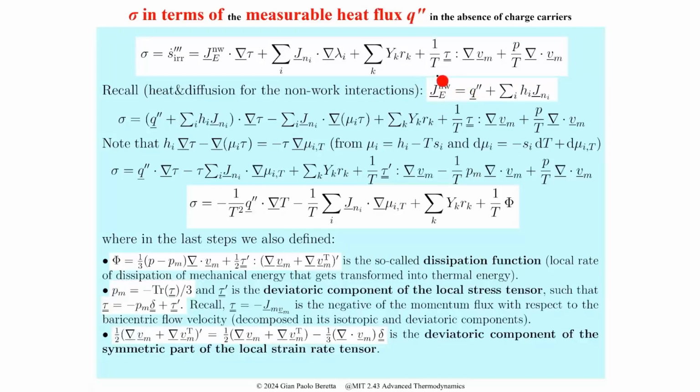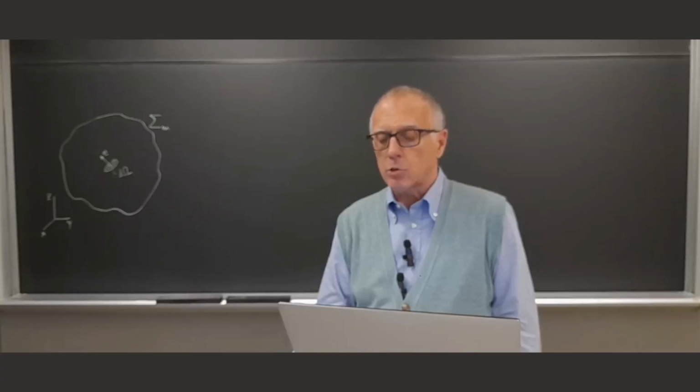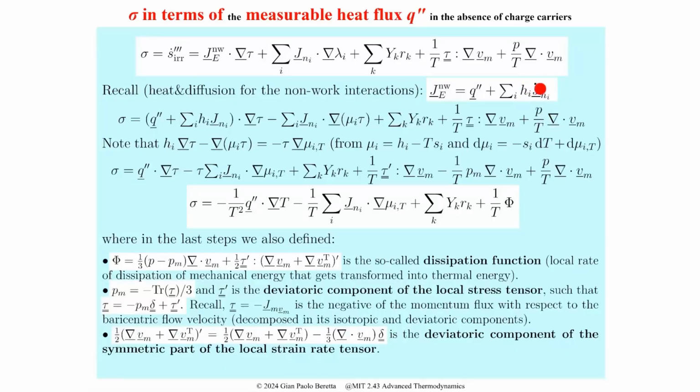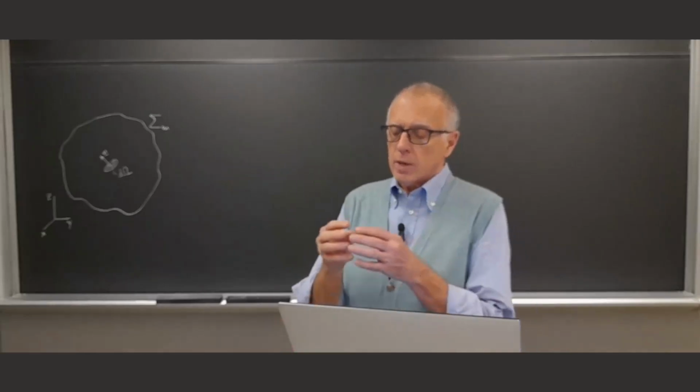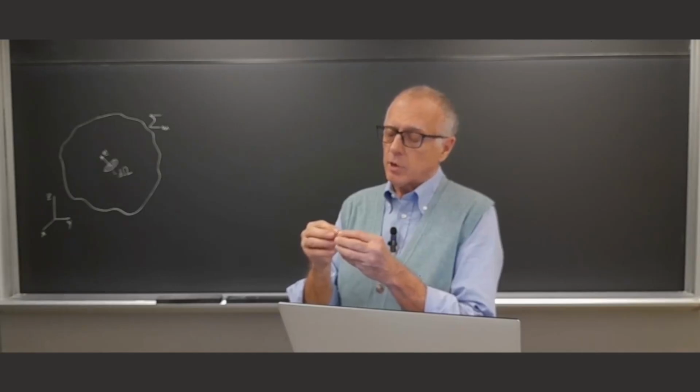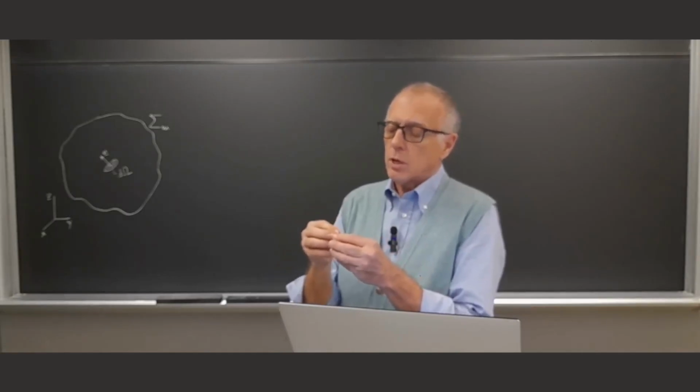So if we take the non-work part of the energy flux, it's given by the heat plus a portion which is related to the flux. So this is the energy which is carried by the particles just because they are diffusing. This is not convective because this is a diffusive part. So these are particles that are moving at a different velocity than the barycentric velocity. So they diffuse away or into our fluid element.